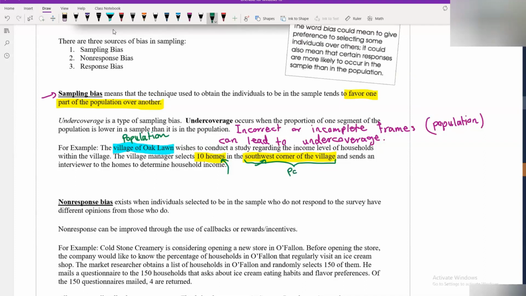This means instead of this one, they considered this part of village as population, which is wrong. So we call that poor frame, because this is not the population that we have to use.